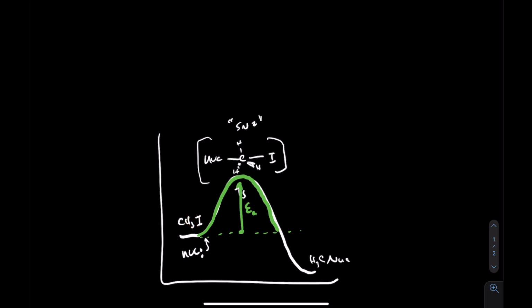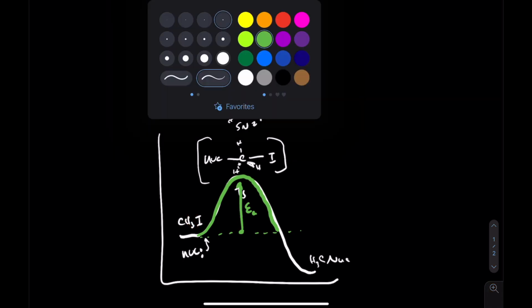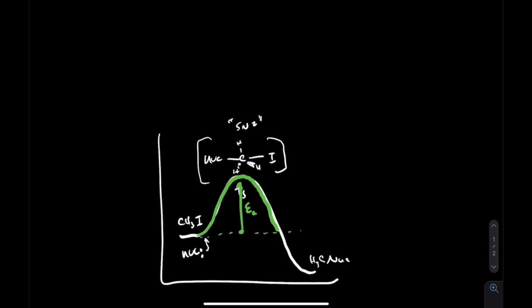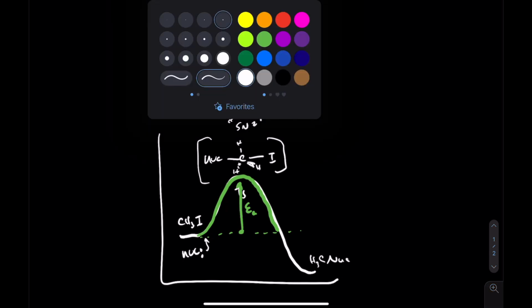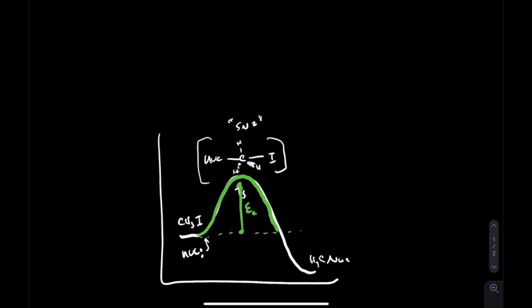I've got 3 hydrogens here, but let's say I made them bigger, right? Everything comes down to being able to form this really crowded 5-coordinate transition state. So if I made those bigger, say I wanted to replace a hydrogen or 2 hydrogens with a methyl, that would be much slower.